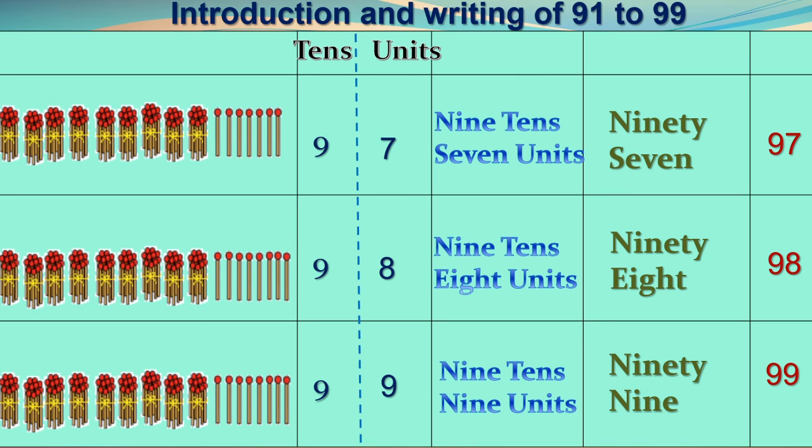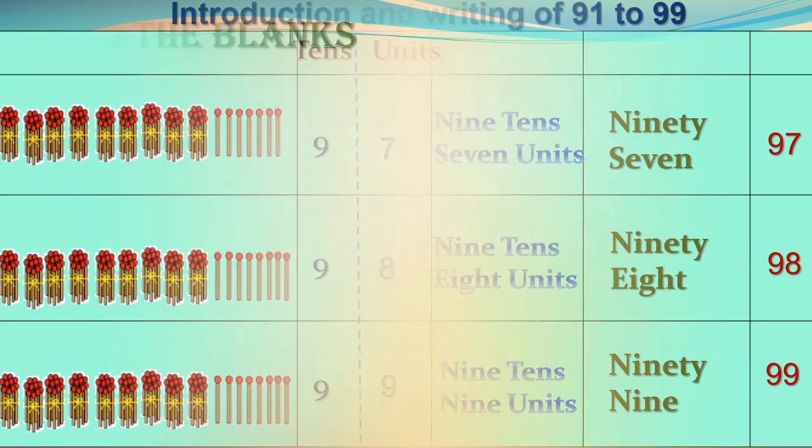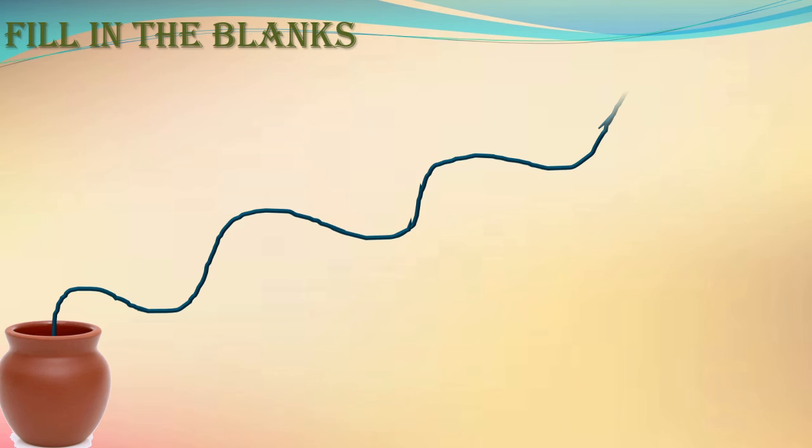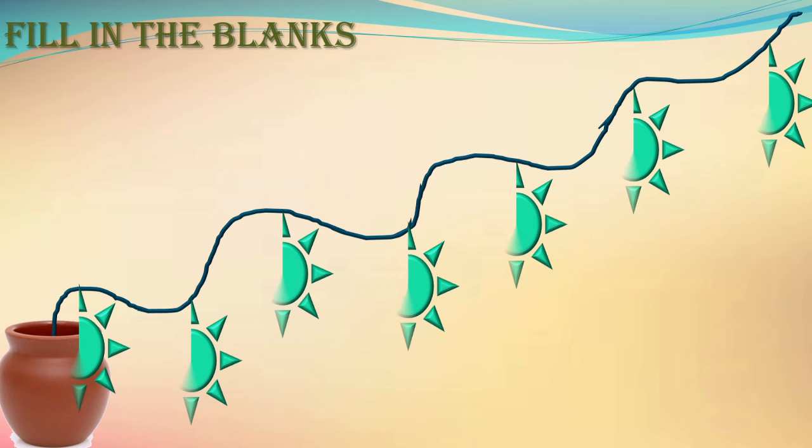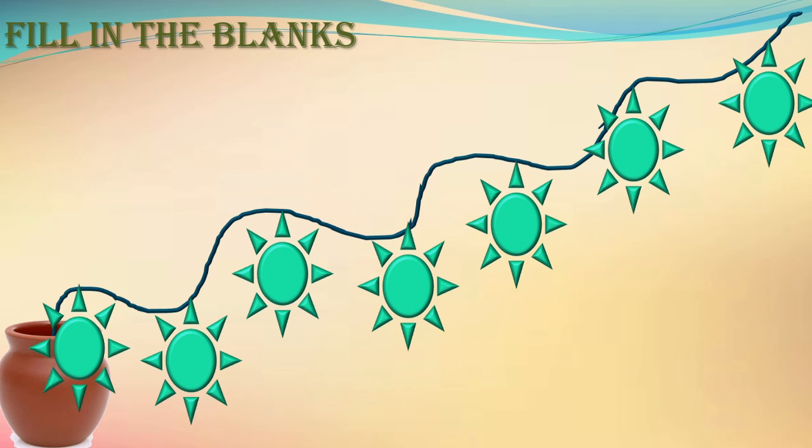Here is our checking. Fill in the blanks. One design is there. See here. It has some numbers, that is 91, 95 and 97, and the rest we have to fill. Yes, dear children.